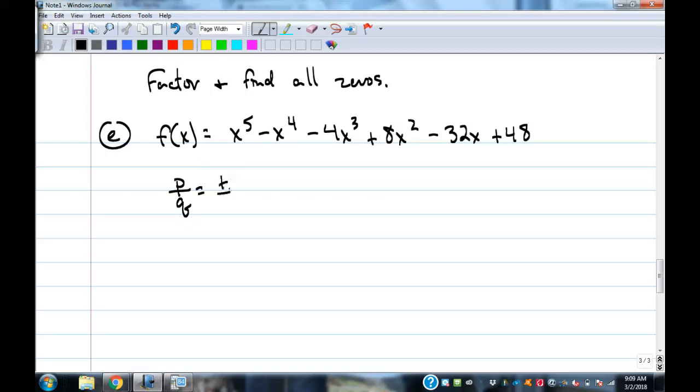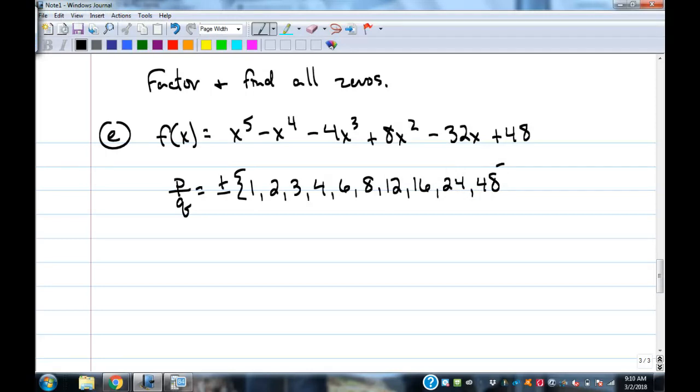So what are the factors of 48? 3, 4, 6, 8, 12. 3 times what is 48? 16. 2 times 24. And then 1 times 48.